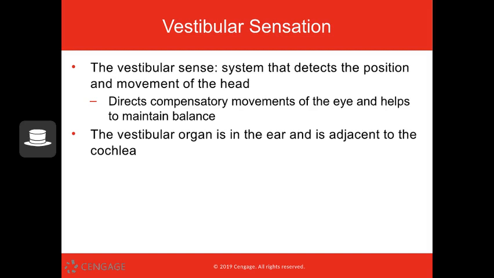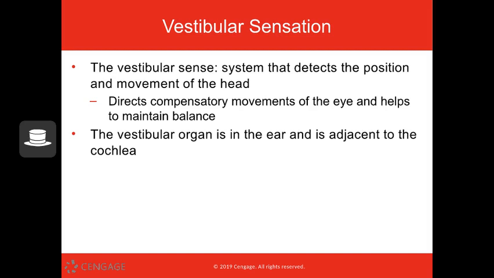So right now I'm looking at my wall, but moving my head around, and my eyes, oops, my eyes were not paying attention to what was on my desk. But my eyes are moving to stay in line with what I'm focusing on in the distance. So that's part of the vestibular sense.